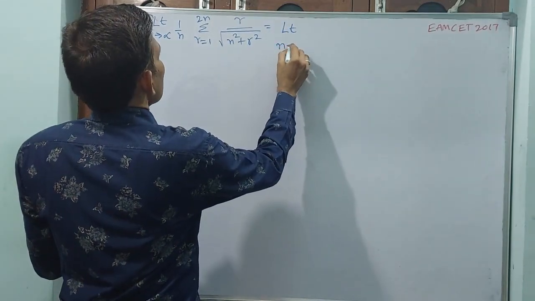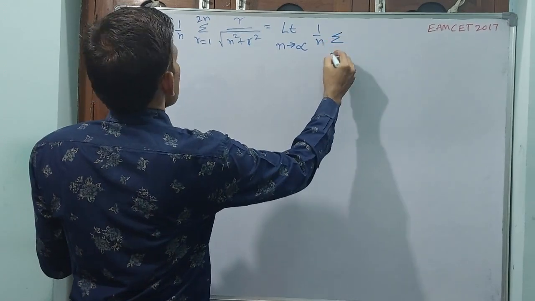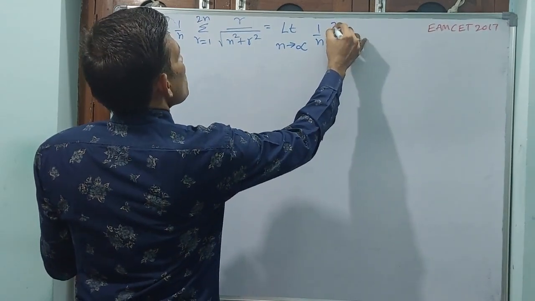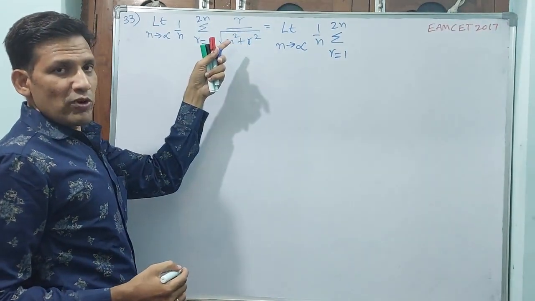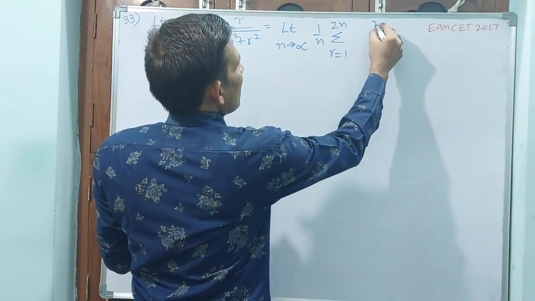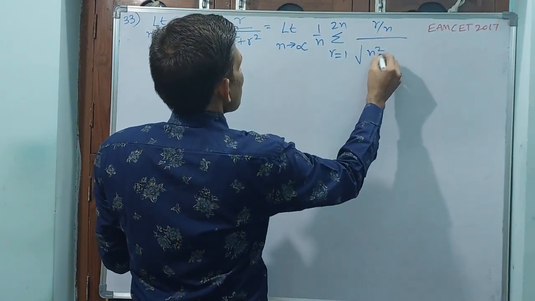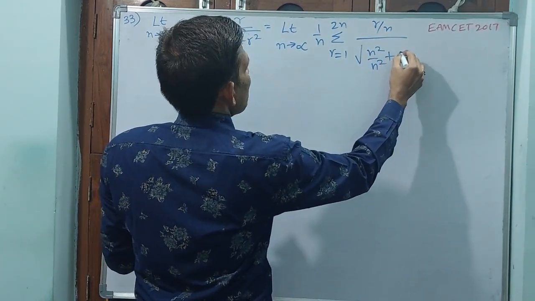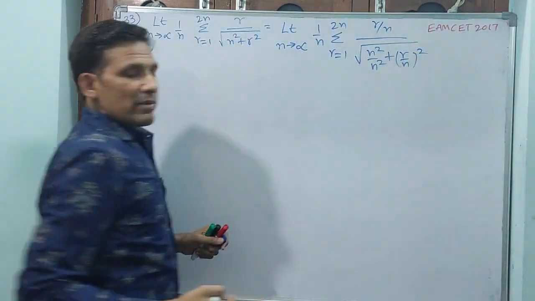Limit n tends to infinity 1 by n sigma r is equal to 1 to 2n. You see, after that, outside of the square root means divided by n. That means r divided by n, divided by square root of, inside, n square by n square plus r by n whole square. Why? Because r square by n square, right?